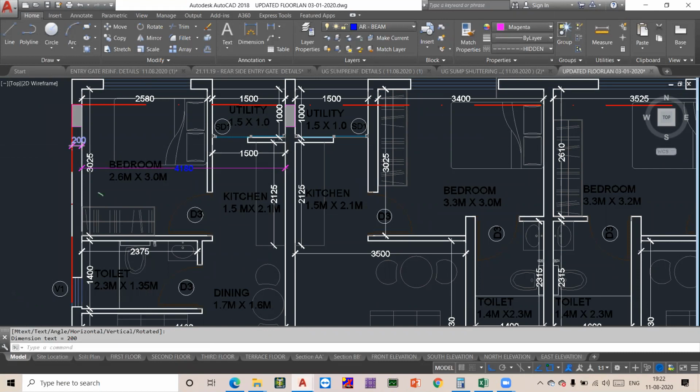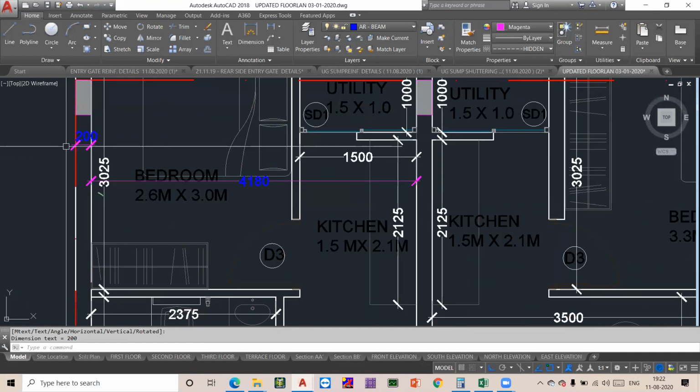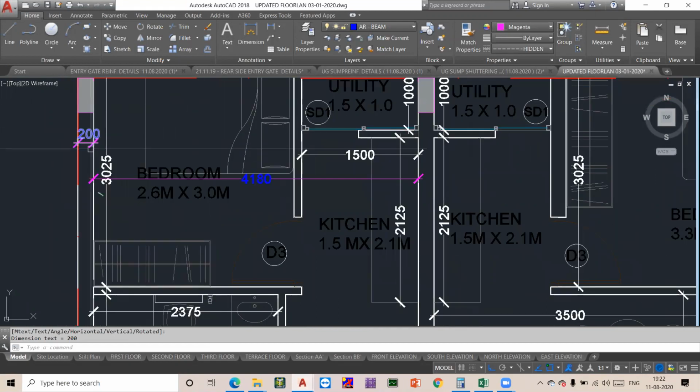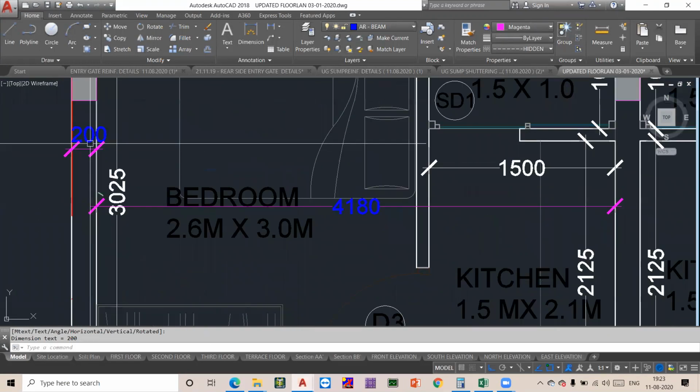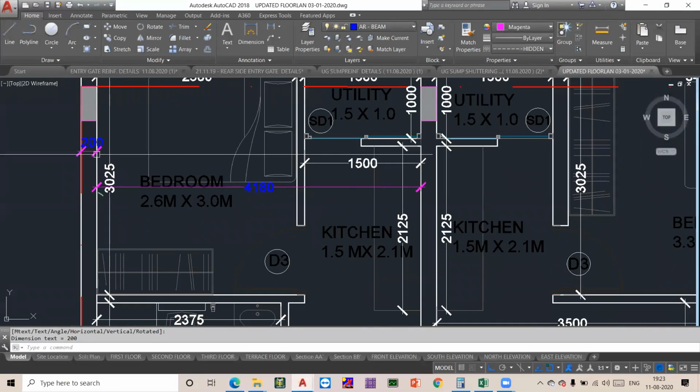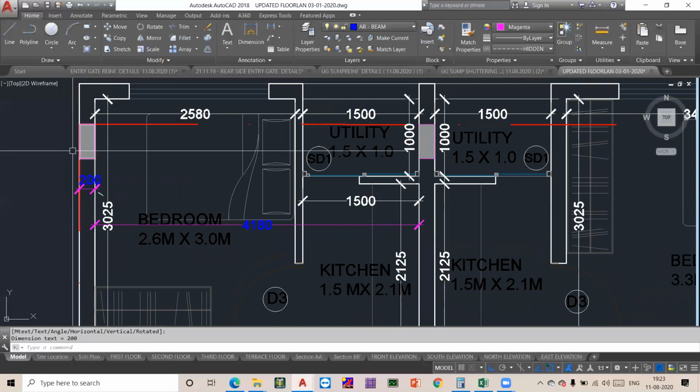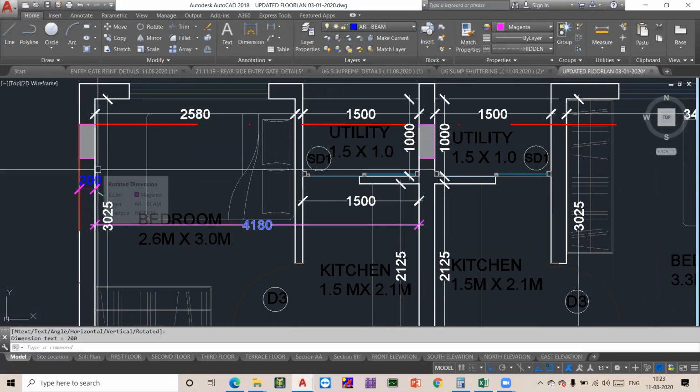Okay, sometimes if they are using mud bricks, clay bricks, then they will be provisioning the thickness to 230 mm. Since in this project they are proceeding further with the solid blocks, the cement solid blocks, they are going ahead with 200 thick walls, and my column width cannot be more than this 200.